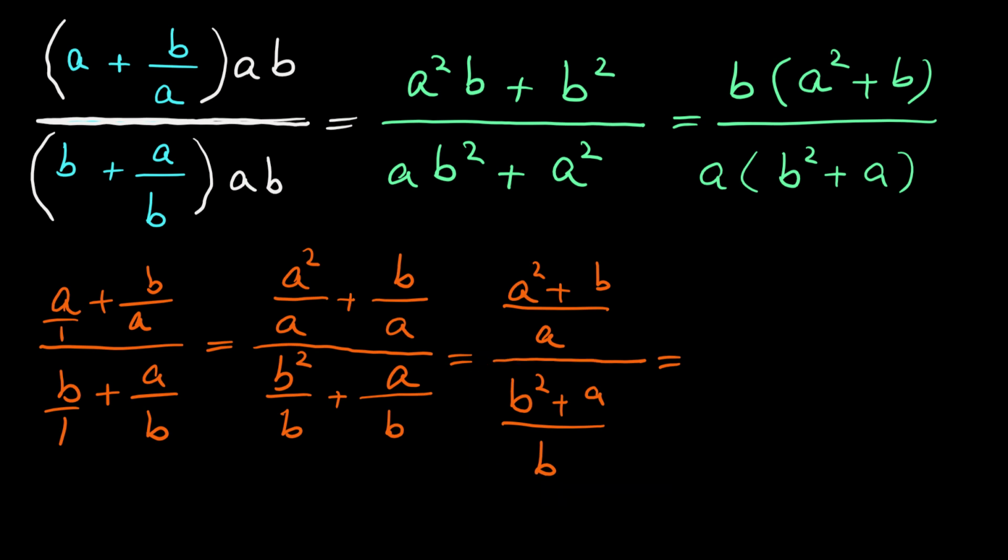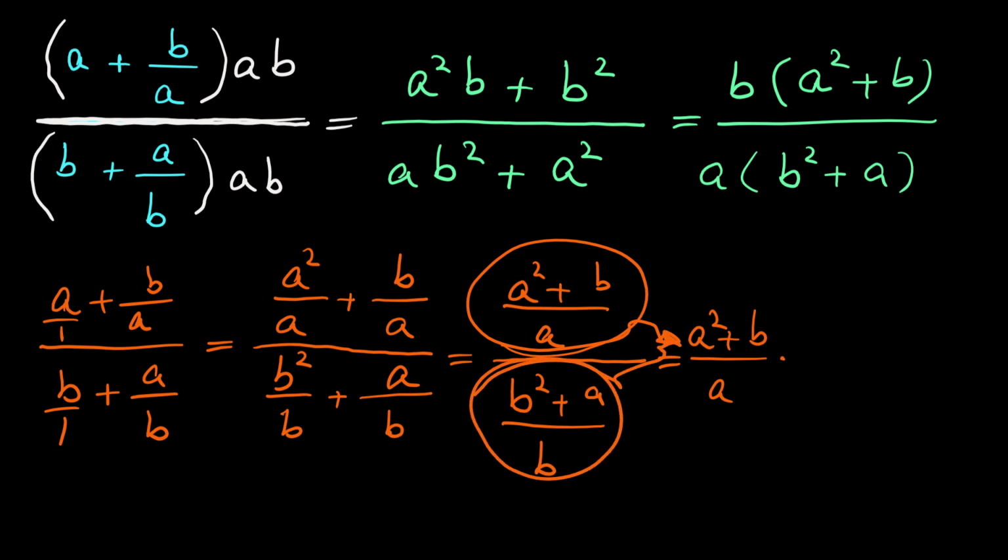And we know that for dividing two rational expressions, we multiply the first rational expression by the inverse of the second one. And this equals (a² + b) over a times, we write the numerator, we multiply it by the reciprocal or inverse of this, which is b over (b² + a).